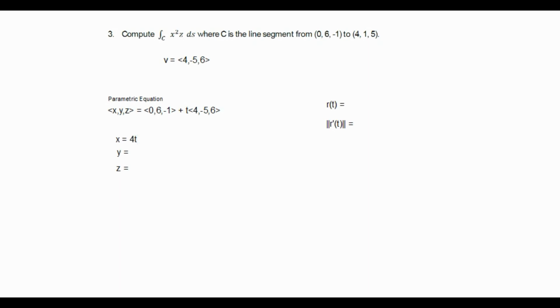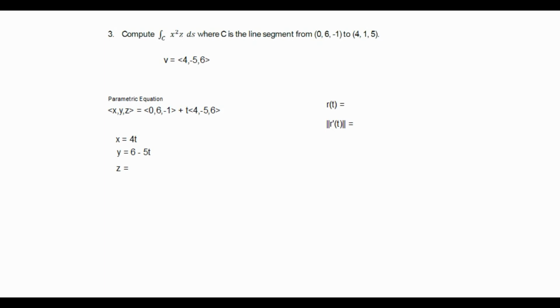And for y, we will have 6 plus negative 5t, in other words, it's 6 minus 5t.